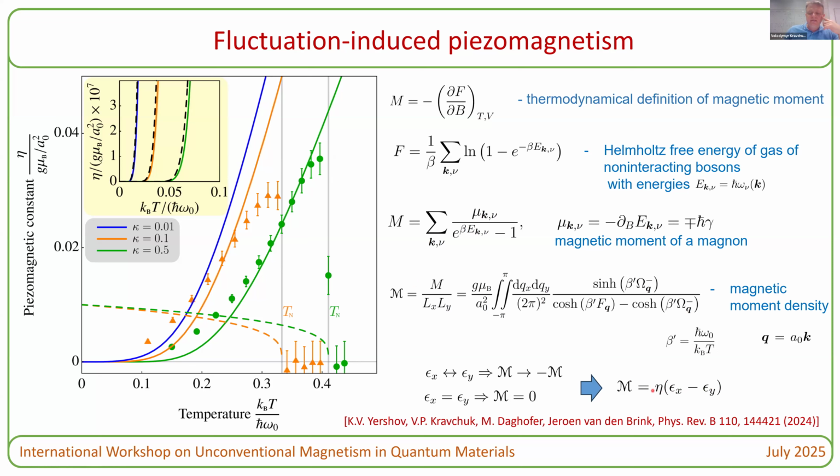And eta here we called the piezomagnetic constant, and here we analyzed how this eta depends on temperature. So this moment is generated by fluctuation of magnons, in contrast to another magnetic moment which can appear from ferrimagnetism.